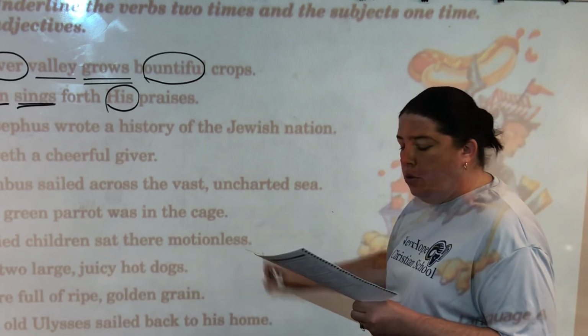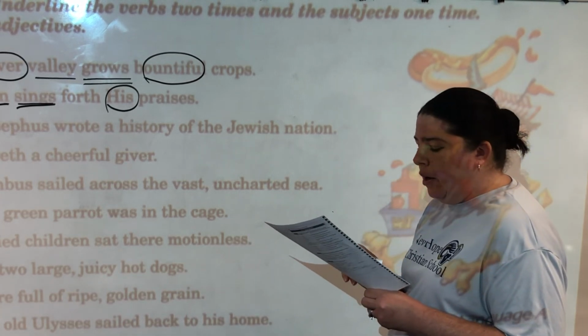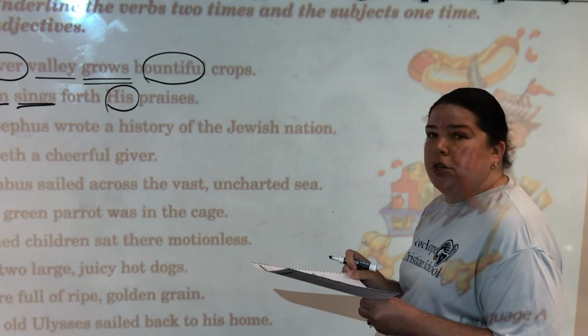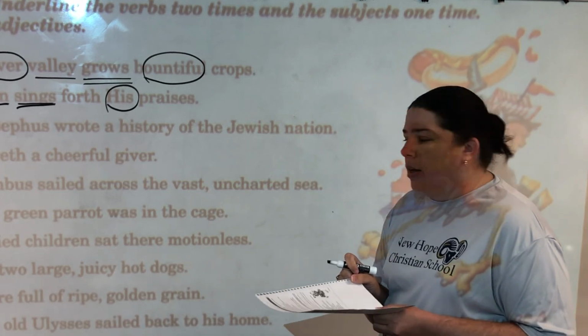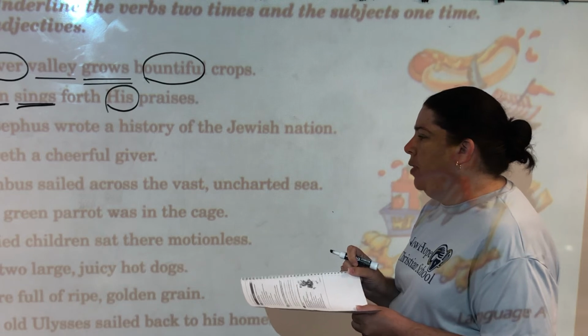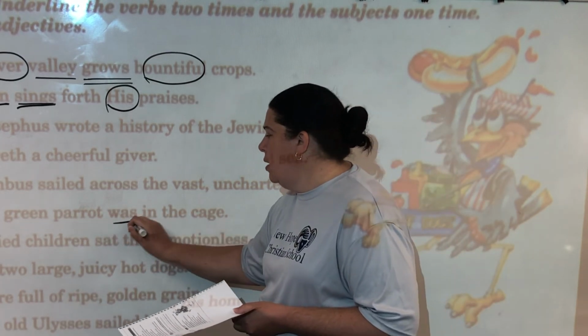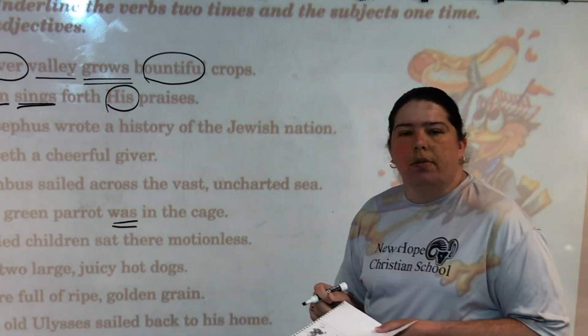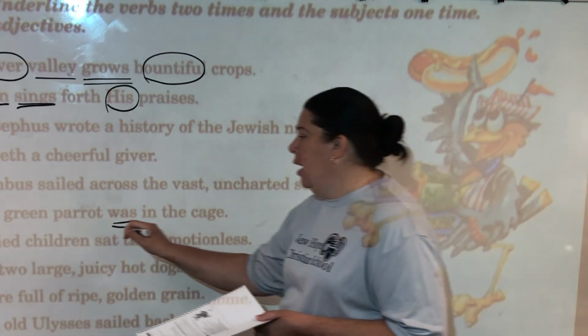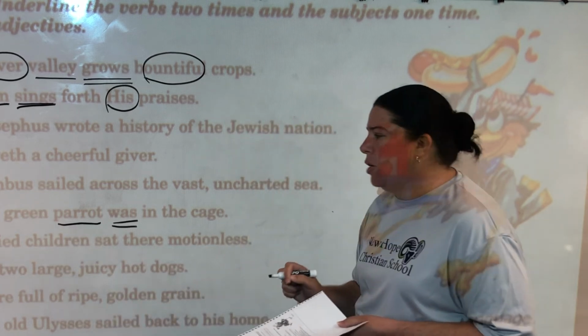Number 6, a beautiful green parrot was in the cage. First we find the verb and double underline it. Where's the verb? Was is the verb. Who or what was? Parrot. That's the subject.